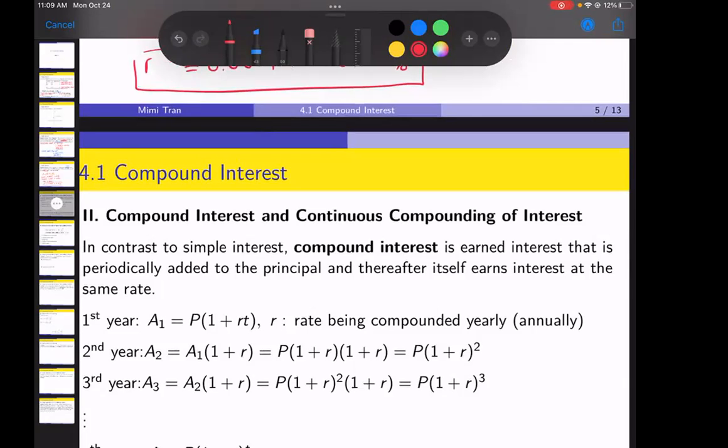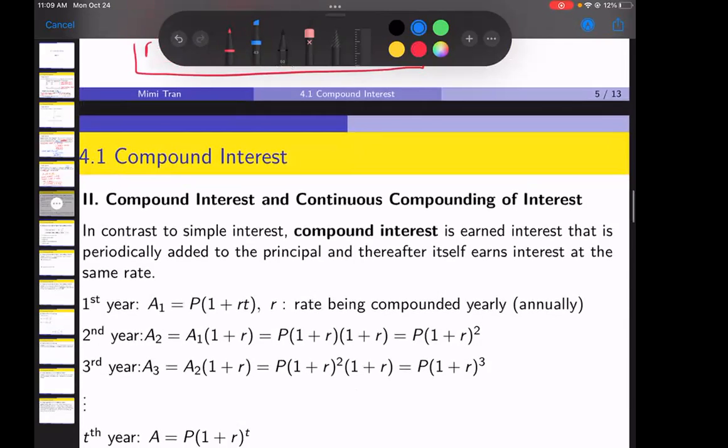So can I just put R instead of carrying T with me? Because just one time, R is still off, right? So with 2, remember what your cousin did. He takes whatever money you make, which is A1, and he keeps putting it into the formula. Now we count it with 1 plus RT, R here.